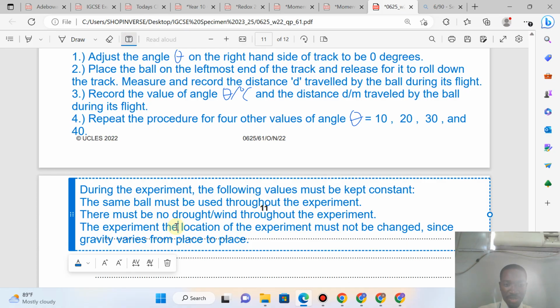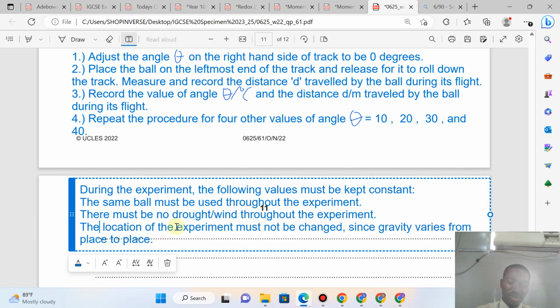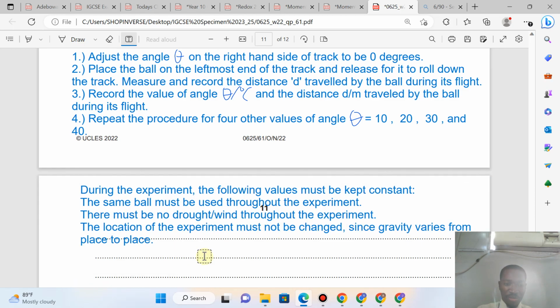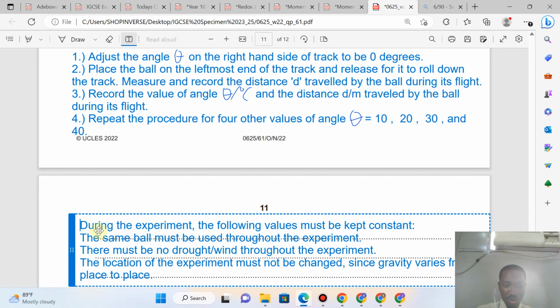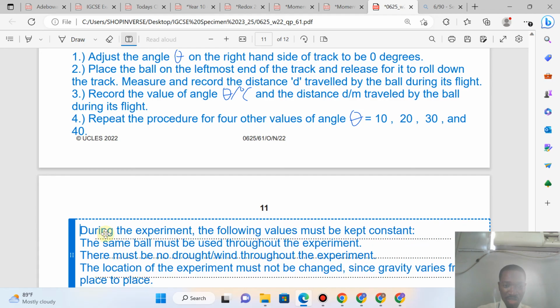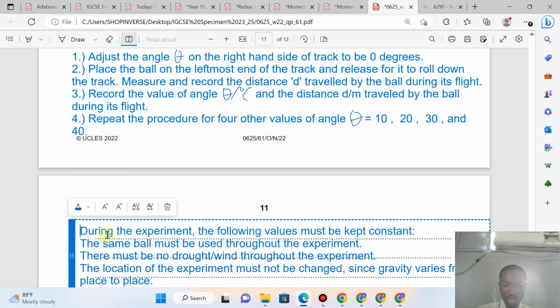Why would you do that? To ensure that the gravity does not change, since gravity varies from place to place. If you want to have one value of gravity, then you carry out the experiment in one location. Otherwise, if you are moving, you would experience different values of acceleration due to gravity.